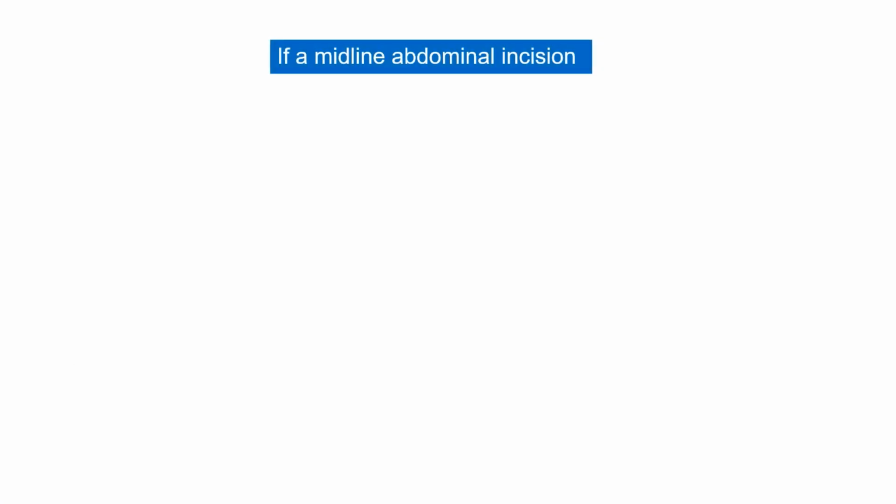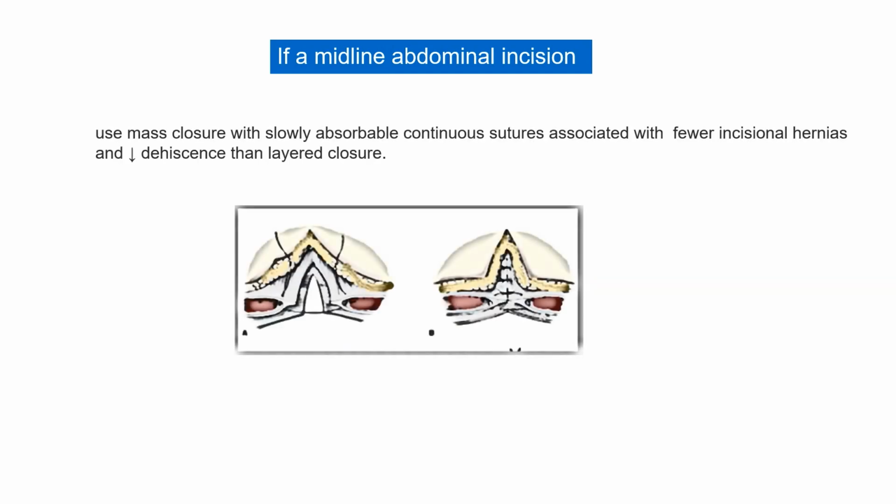In case of midline abdominal incision, use mass closure with slowly absorbable continuous suture, associated with fewer incisional hernias and decreased dehiscence than layered closure. Wide tissue bites of more than or equal to 1 cm and short stitch interval of less than or equal to 1 cm, just approximate.